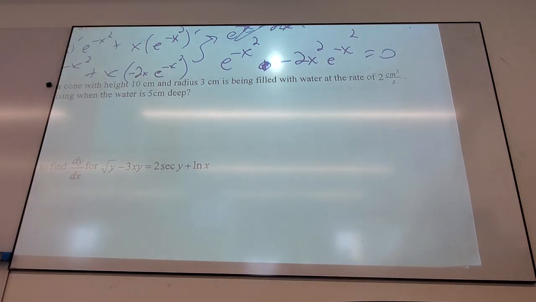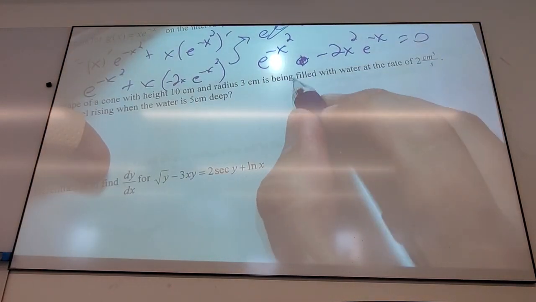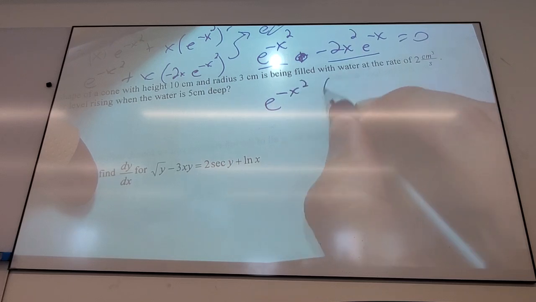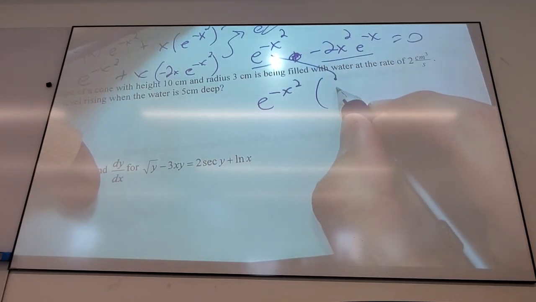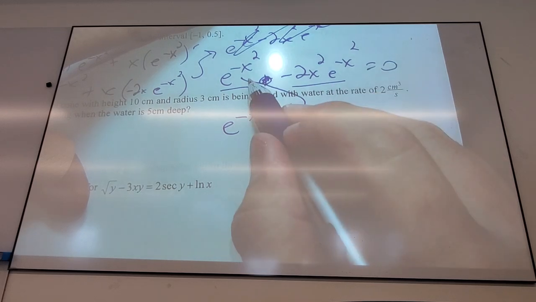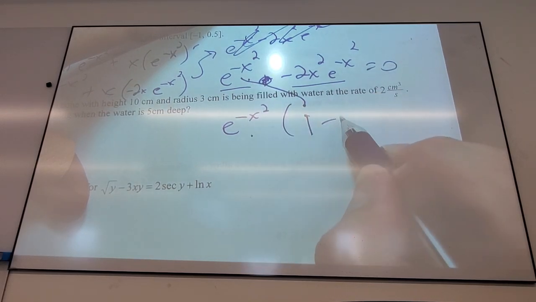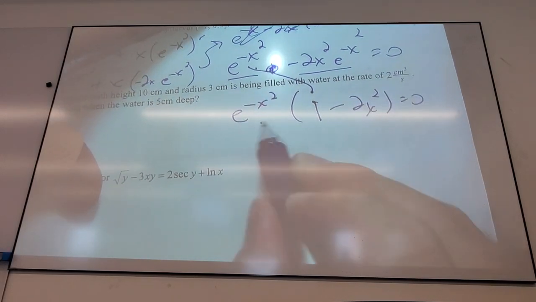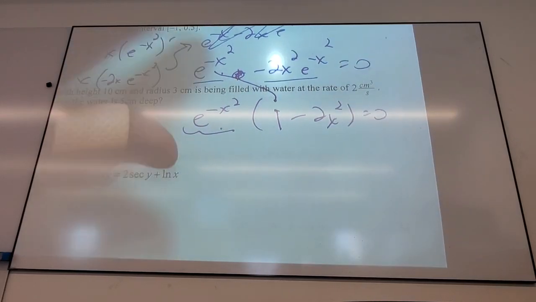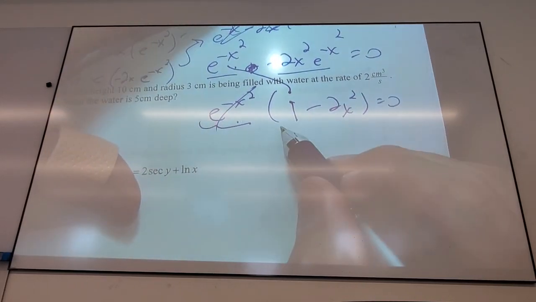Somebody's very softly saying factor maybe back there. What can come out of these two things? So you're left with, what's this divided by itself? 1 minus 2x squared. Can this ever be 0? Because there's an asymptote at 0, right? So that doesn't give me any answers. Can this ever be 0?